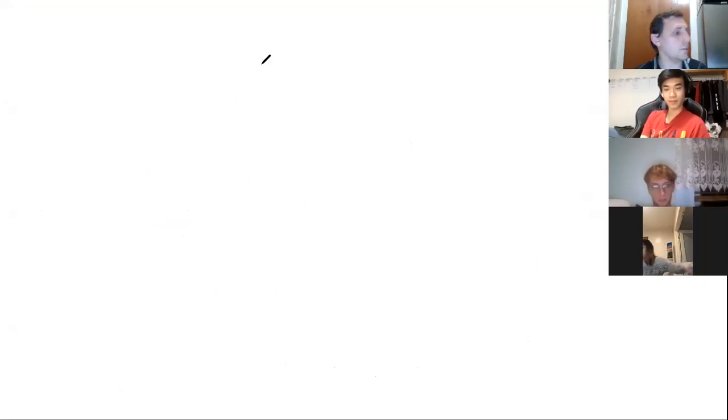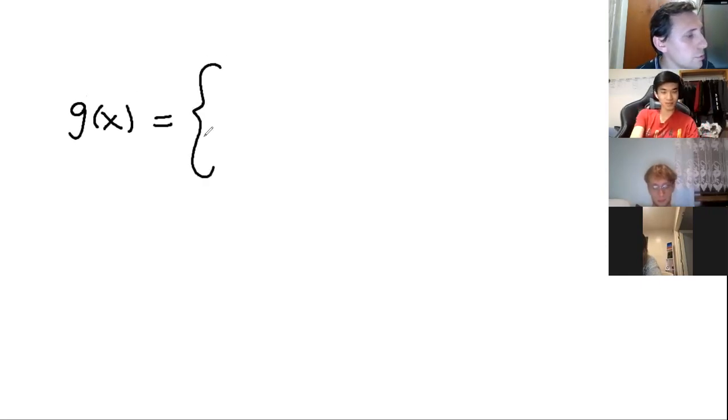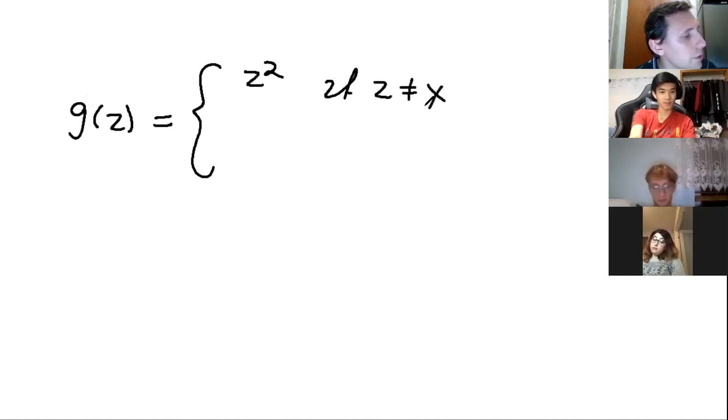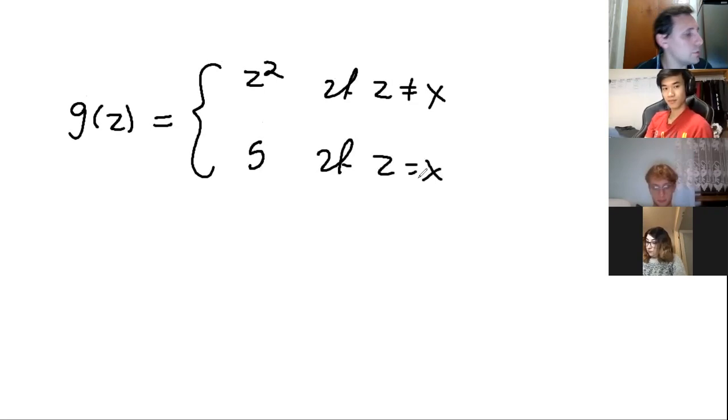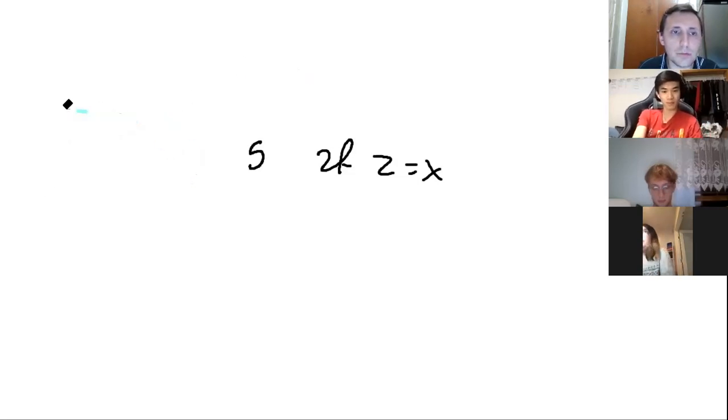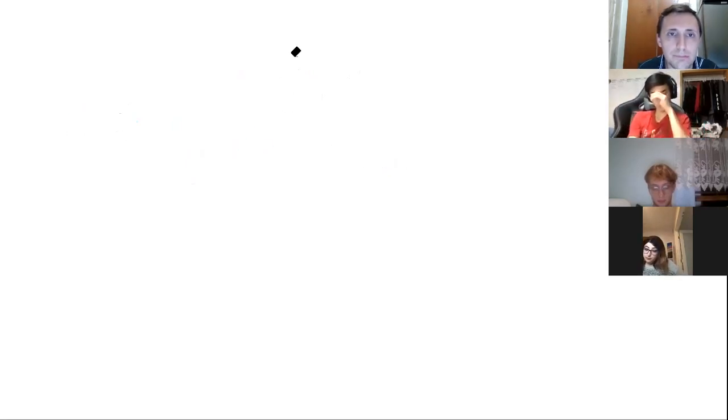Yes, okay, so what about this function? Suppose that my g looked like this. Let me just make it numeric.